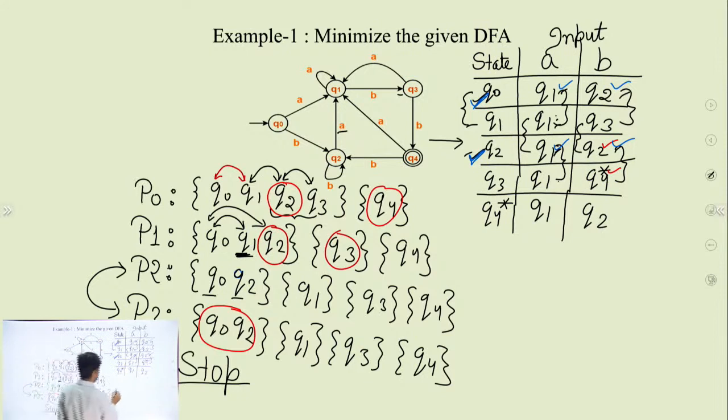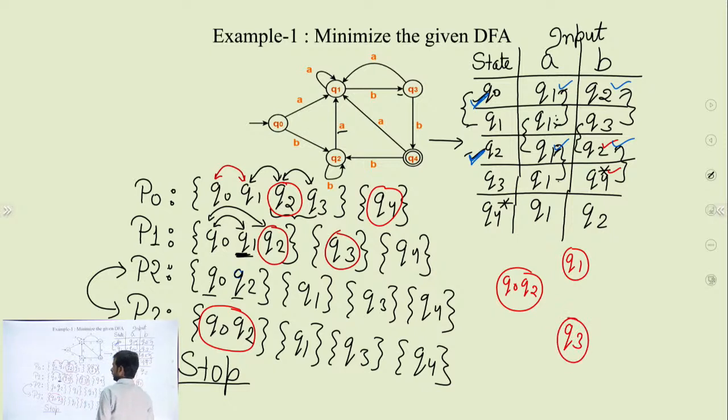So there are 4 states now: Q node and Q2 is one state, Q1 is the second state, Q3 is the third state, and Q4 is the fourth state. Q4 is the final state. So write it in concentric circle form, and Q node is the initial state.